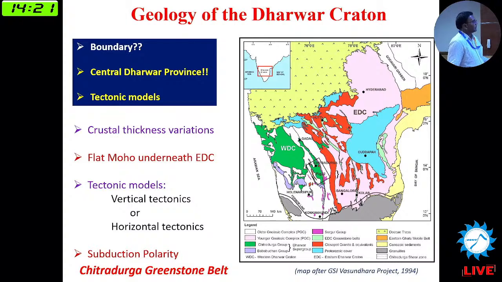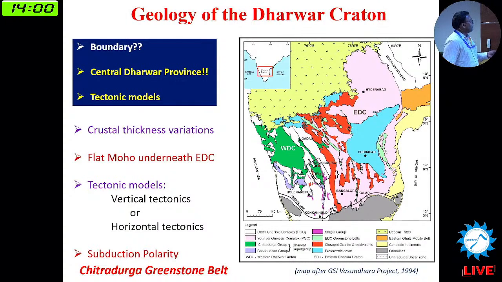Recently another proposal has come that divides Dharwar into three components, keeping the western Dharwar Craton as it is, while the eastern Dharwar Craton is further subdivided into the central Dharwar province and the eastern Dharwar province. But this is a matter of debate for various reasons.